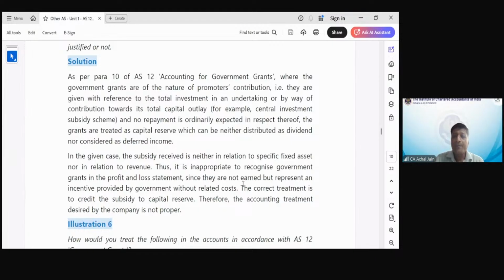The correct treatment will be to take it to capital reserve. So the accounting treatment as contemplated by the company is not correct. Everyone clear on this? Any questions, any doubts if you have? Everyone clear?